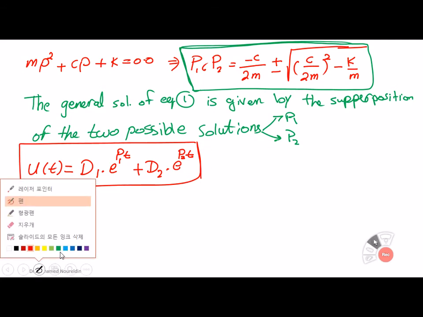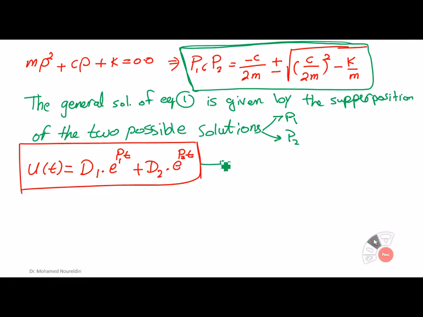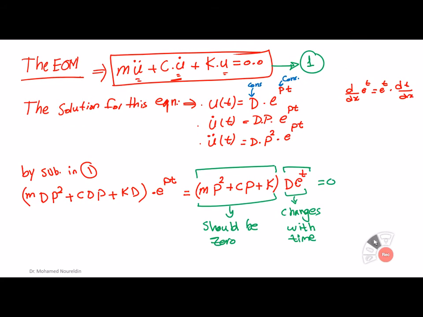So let's assume that this is equation 2 here, important, and let's give this other equation number 3. From where we got this equation, this is the first solution here. Let's go back. Here, this is the solution u of t. So we have d and we have p.